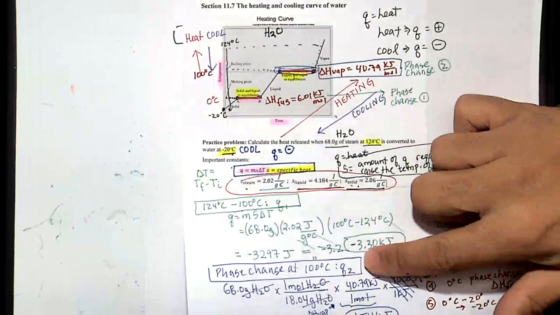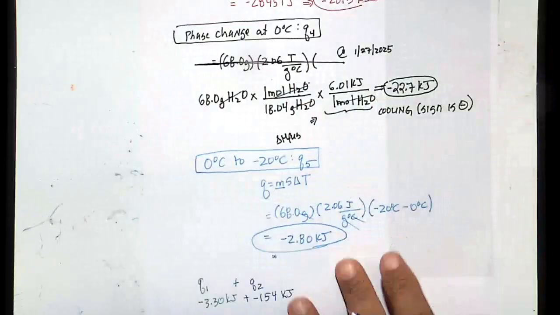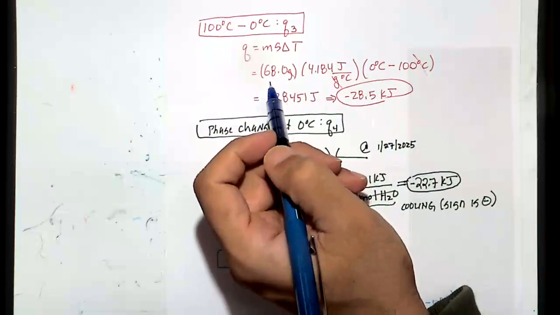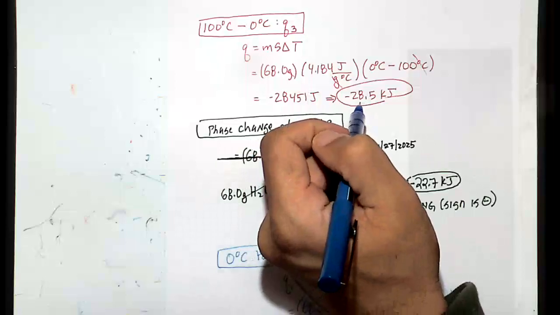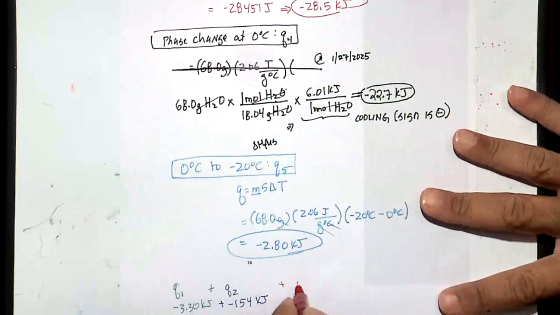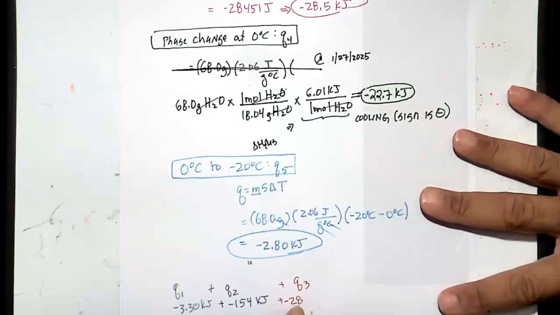We've overcome the phase change at 100. Now we're going from 100 to 0 in the cooling part of the curve, which is minus 28.5 kilojoules. Plus, minus, this is confusing, plus minus 20.85 kilojoules.